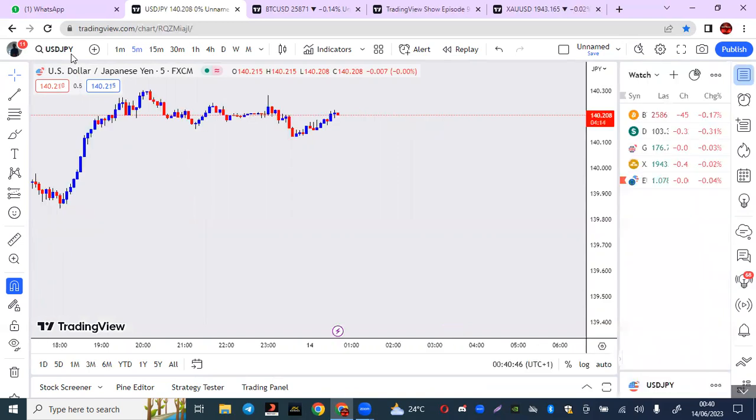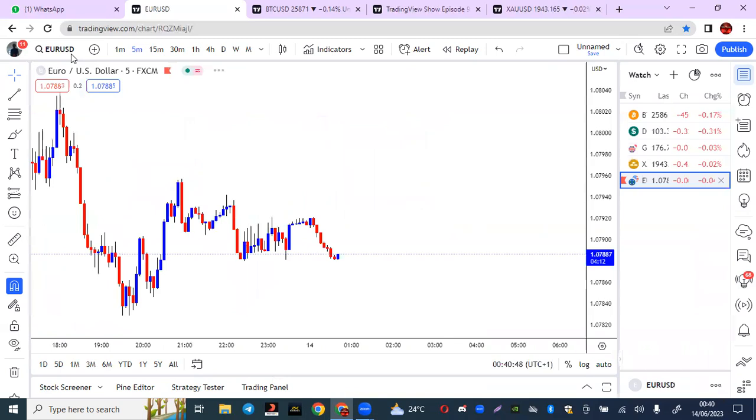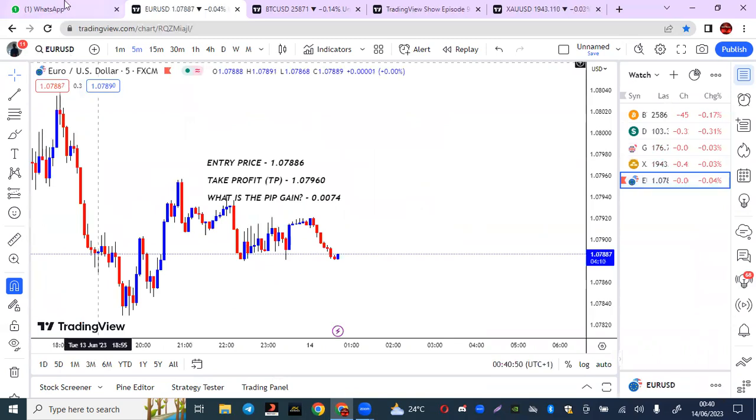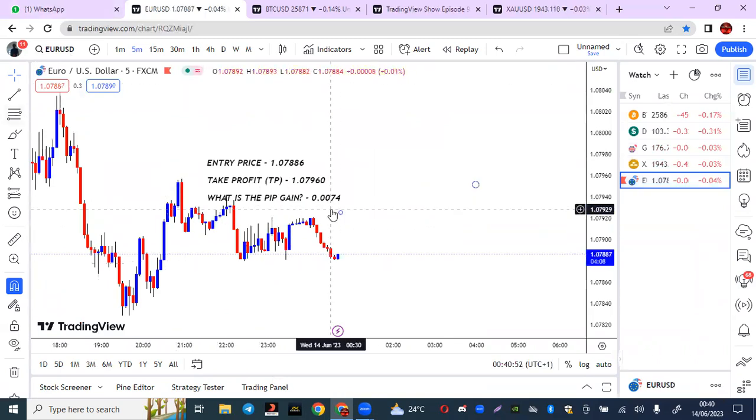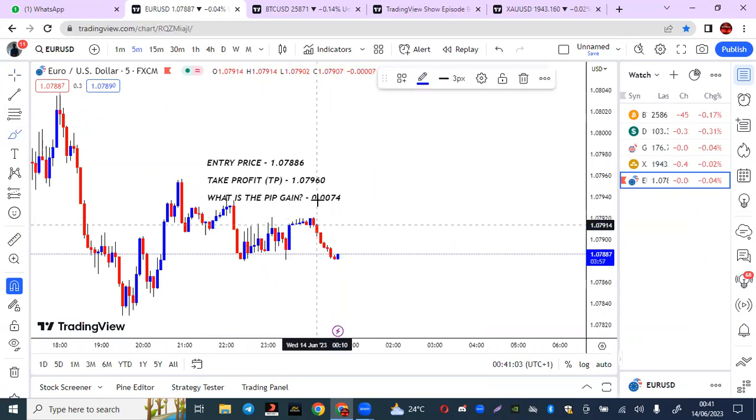So there are two ways to calculate it. For a pair that has 4, or sometimes 5 depending on the broker, digits after the decimal point, you just move the decimal point 4 places: 1, 2, 3, 4.